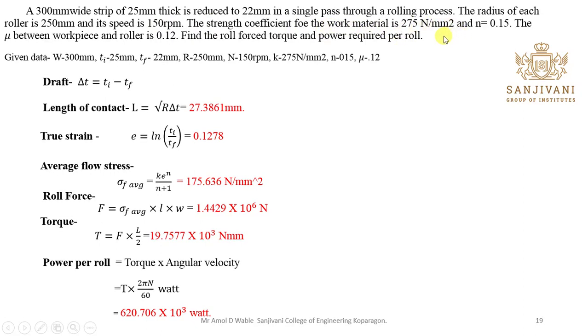That is the value of K, and n is equal to 0.15. The mu between the workpiece and roll is 0.12. Find the roll force, torque and power required per roll. So it is asked for per roll, not both rolls.